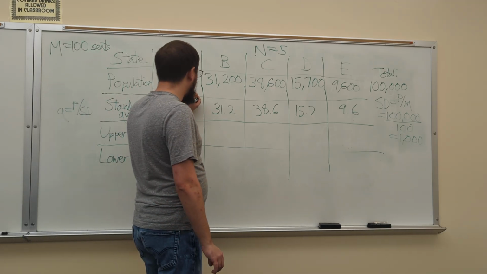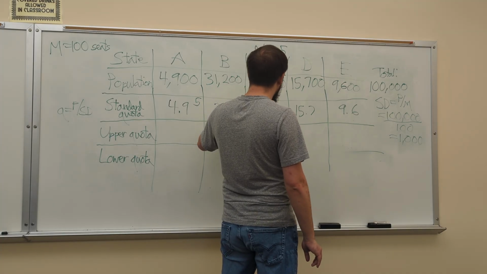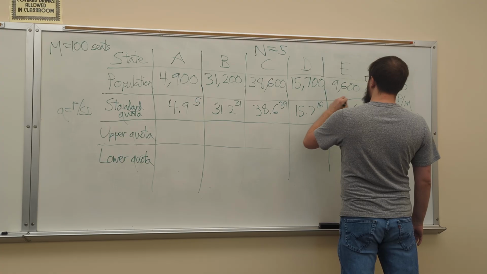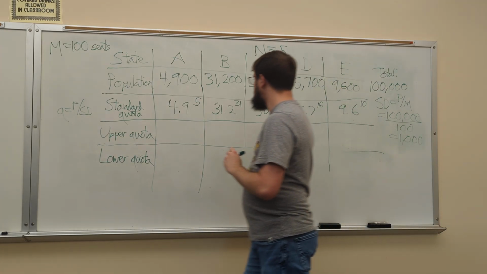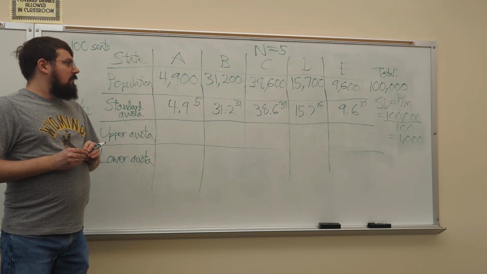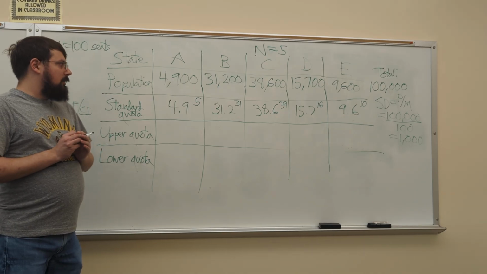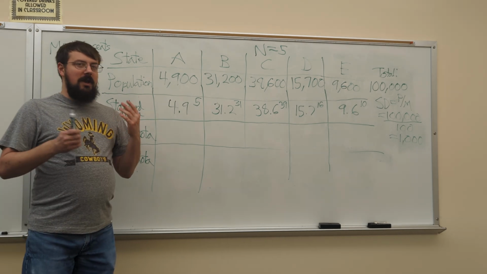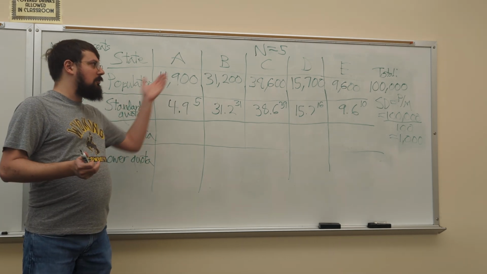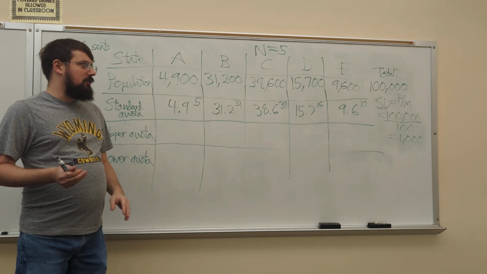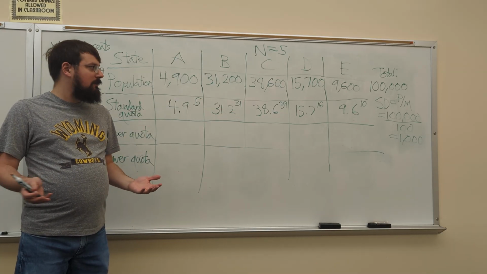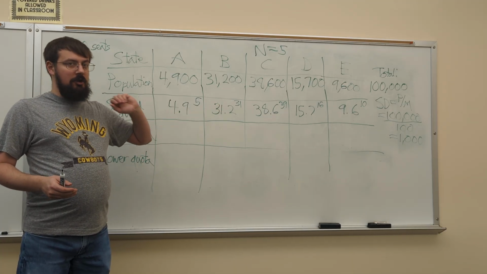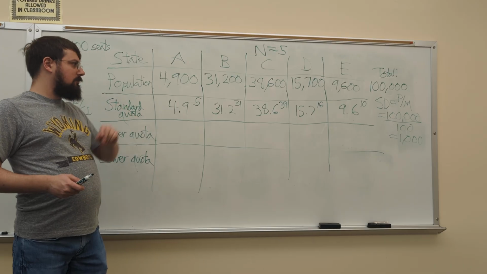So for A, that would be 5, 31 for B, 39 for C, 16 for D, and 10 for E. So if we add all of those up, then what we actually end up with is 101. So we have 101 seats that we would be giving out to these 5 states based on just the rounded standard quotas, but we only have 100 seats. That's why this is a problem. So just rounding the standard quotas as an apportionment method does not work. All right?